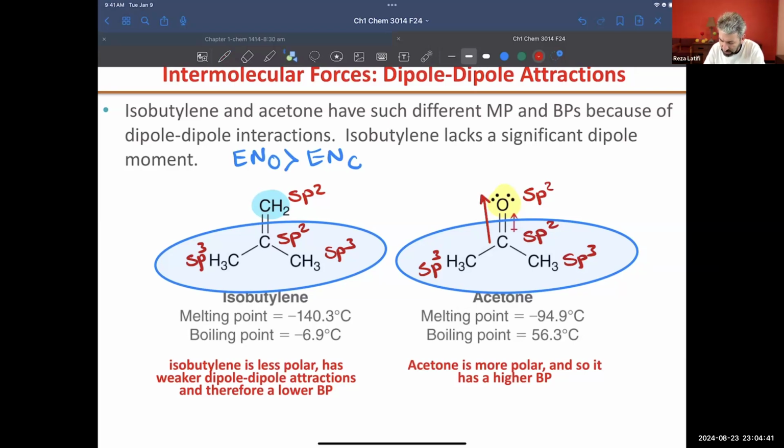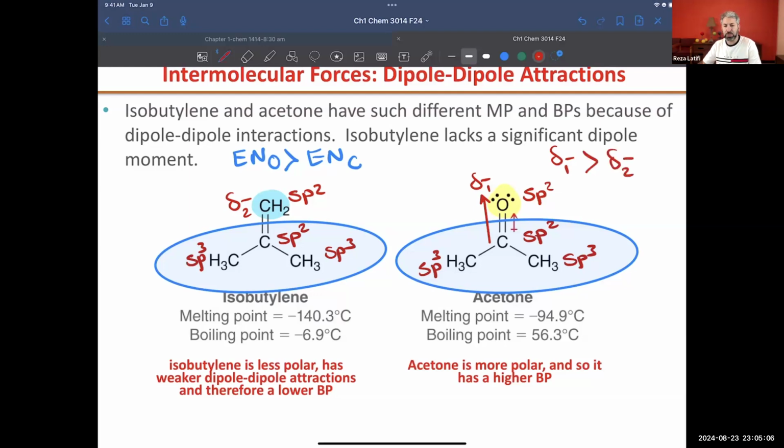So the negative charge on oxygen will be more significant than this negative charge. Let's call this one 1 and that one 2. Delta minus 1 is way bigger than delta minus 2.